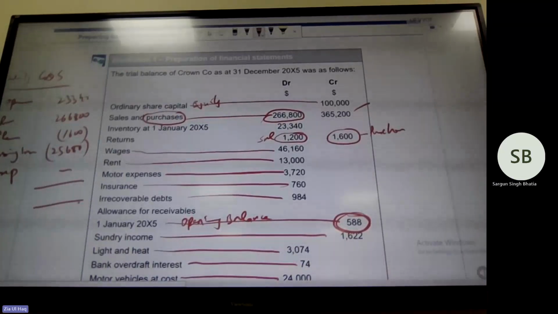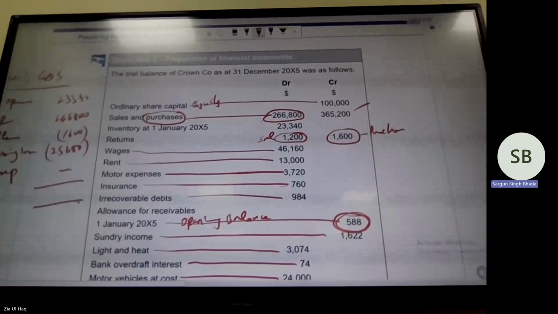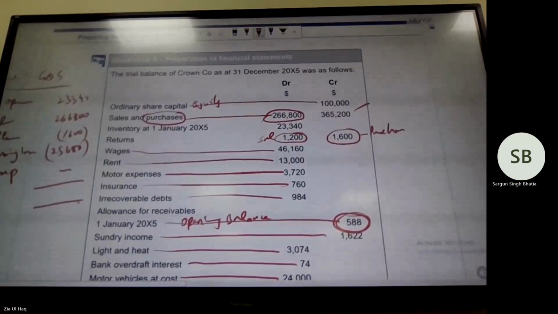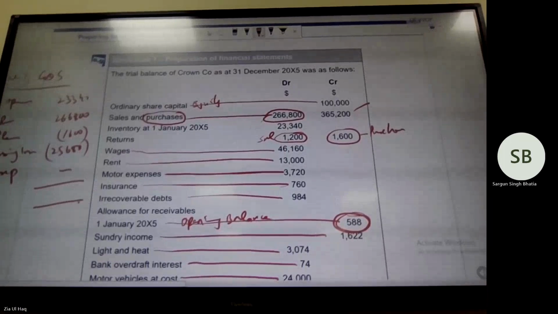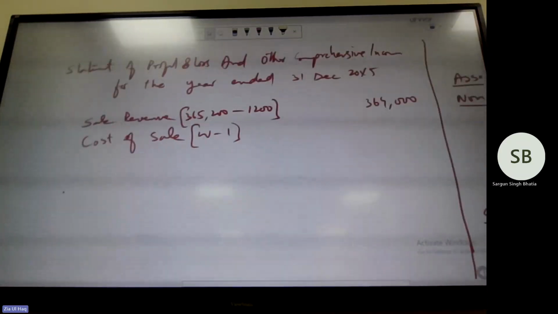It's 262,860. So we have calculated our cost of sale: 262,860.